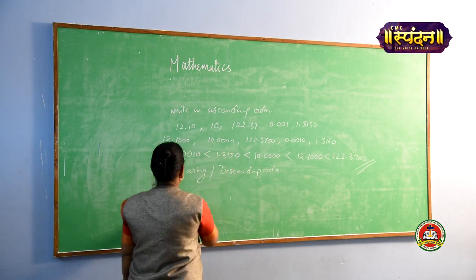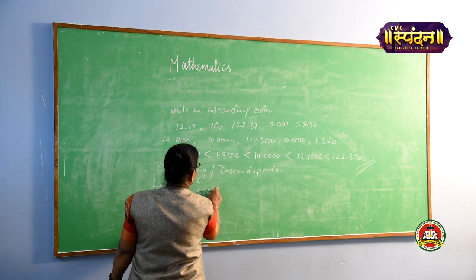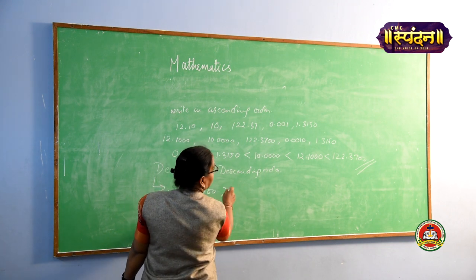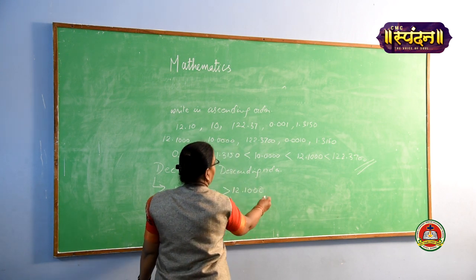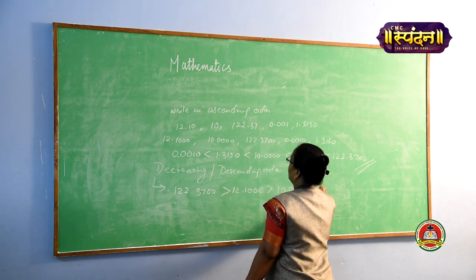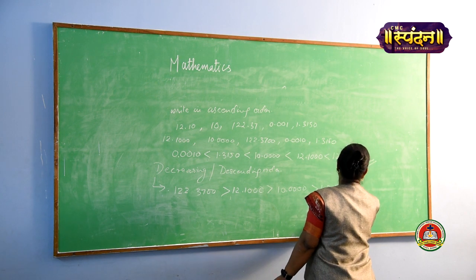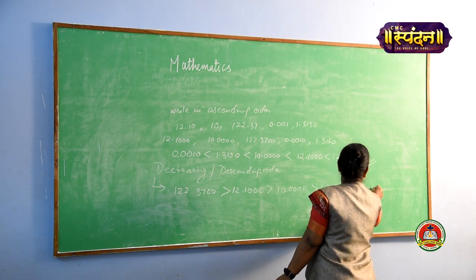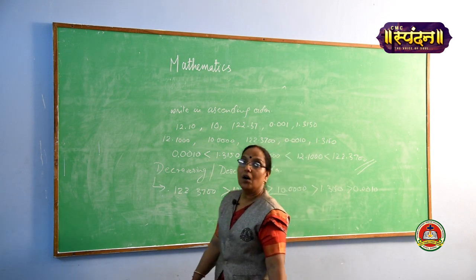So we have to write 122.3700 is greater than 12.1, then greater than 10, that means only 10 we can say, and then 1.3150, and last is 0.0010. This is called decreasing order.